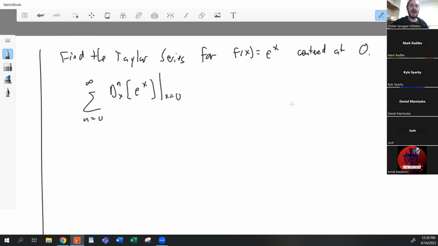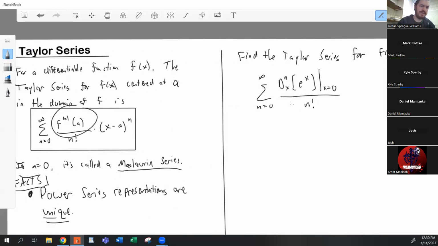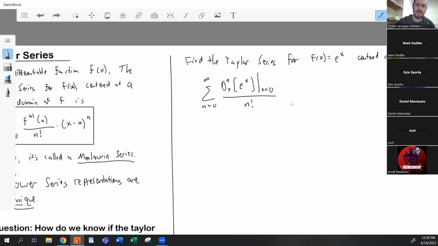So we've got to figure out what does the nth derivative of e to the x look like, evaluate that at 0, and then divide by n factorial. Okay, so that's the formula. That's the nth derivative evaluated at a, and then divide by n factorial. And then we will do times x minus 0, because a equals 0, to the power n. So this is what it would look like.